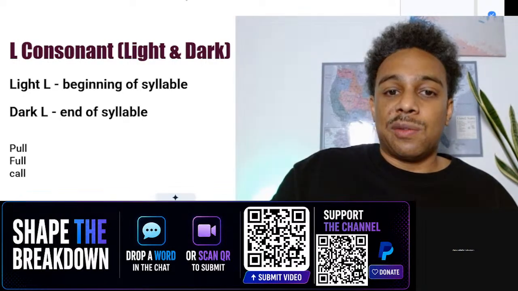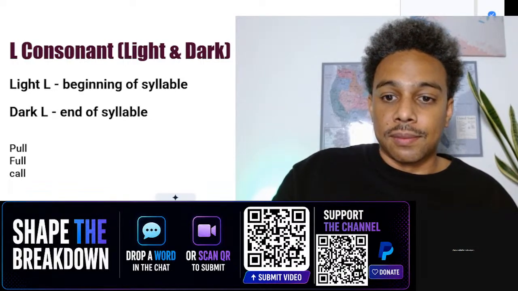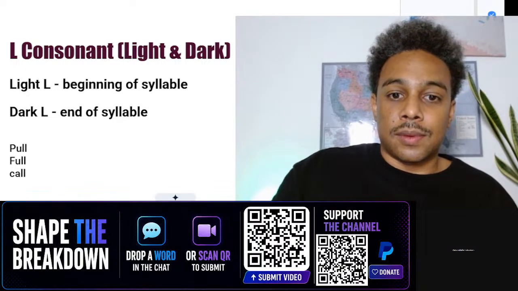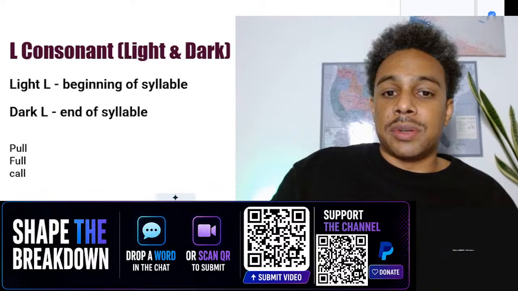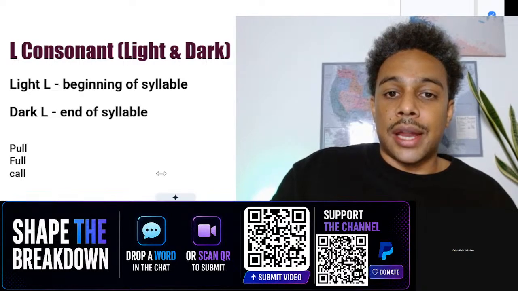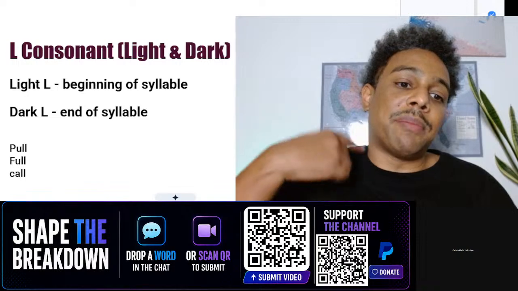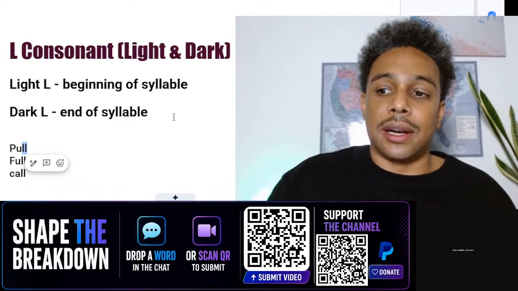So, for example, here, our first example, the word pull, right? If you just kind of ignore what the tongue position is supposed to be, and you just commit to driving your vibration past the final letter, you're basically going to end up making a dark L, right?